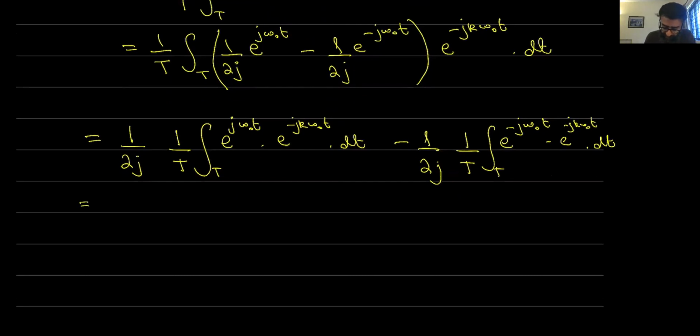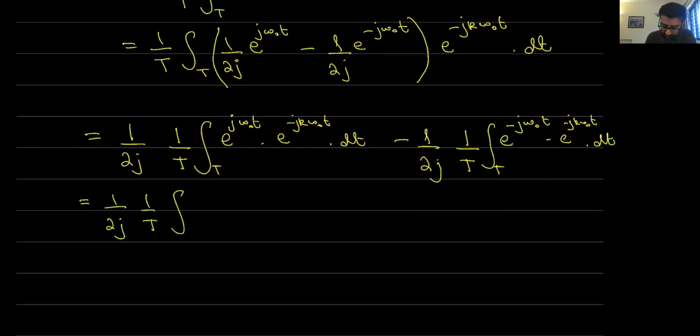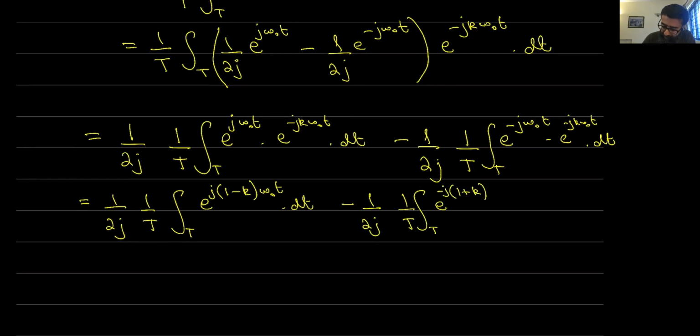So this is 1 upon 2j, 1 upon T integral over 1 period of e raised to power j (1 minus k) omega naught t dt, minus 1 upon 2j, 1 upon T integral over T of e raised to power minus j (1 plus k) omega naught t dt.